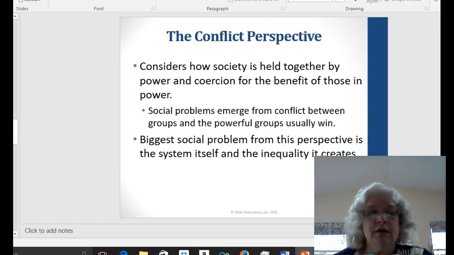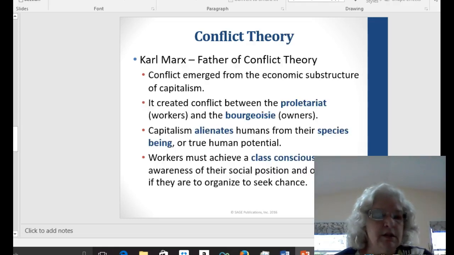Conflict theory considers how society is held together by power and coercion for the benefit of those in power. Now, Karl Marx is considered the father of conflict theory, and he saw that conflict emerged from the economic substructures of capitalism.